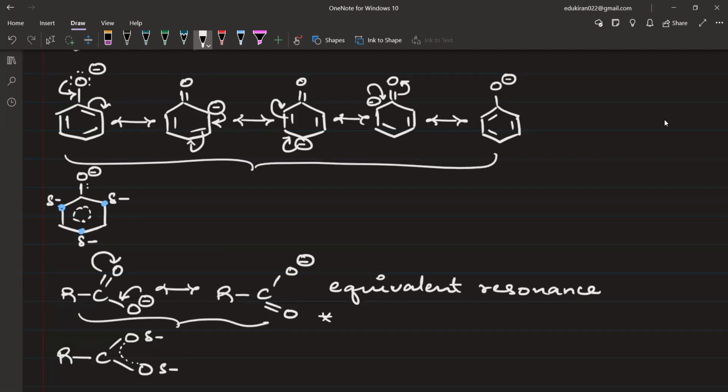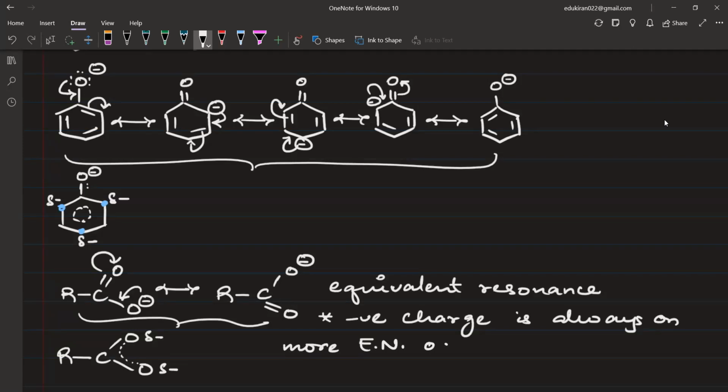And secondly, negative charge is always on the more electronegative oxygen atom. What about here?